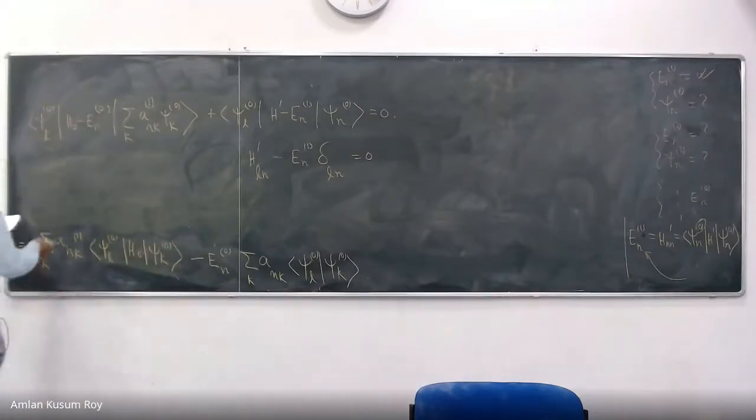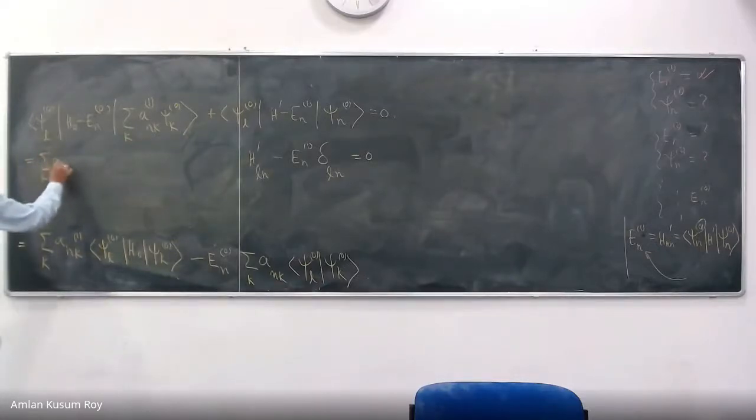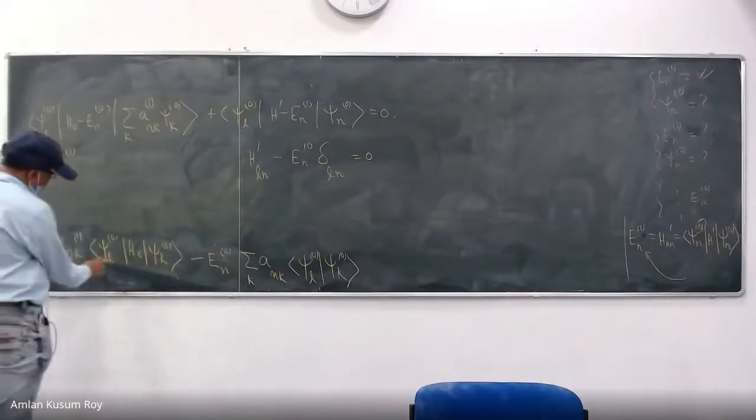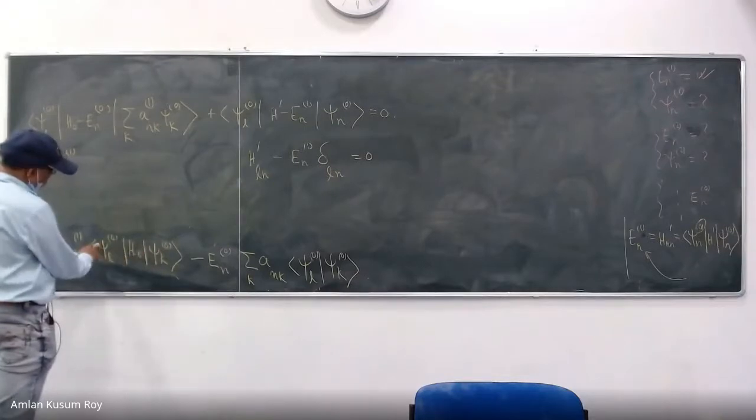So that means ANK1. So now we'll go back and forth here. So that equals to summation over K, ANK1. And what happens to this guy? Psi L0, H0, psi K0, right? So H0, psi L0, psi K0.